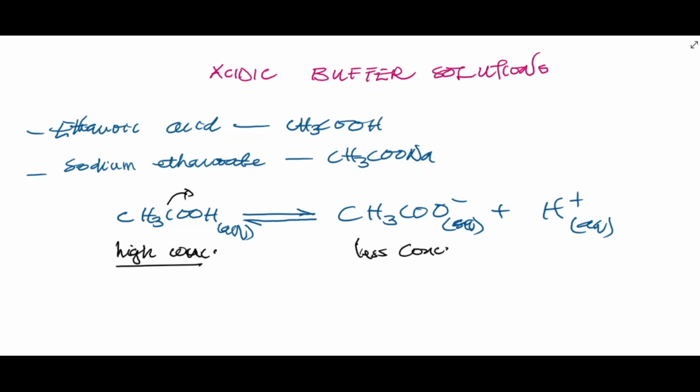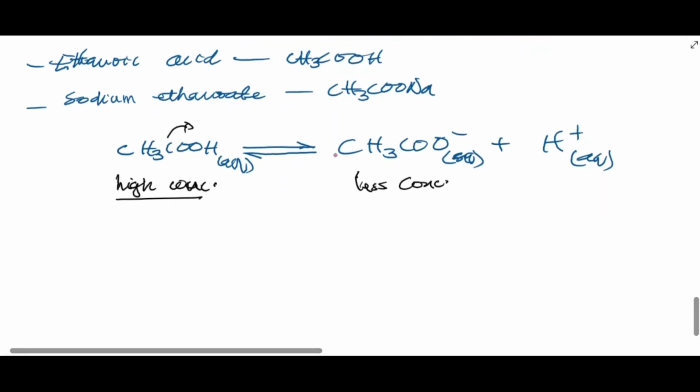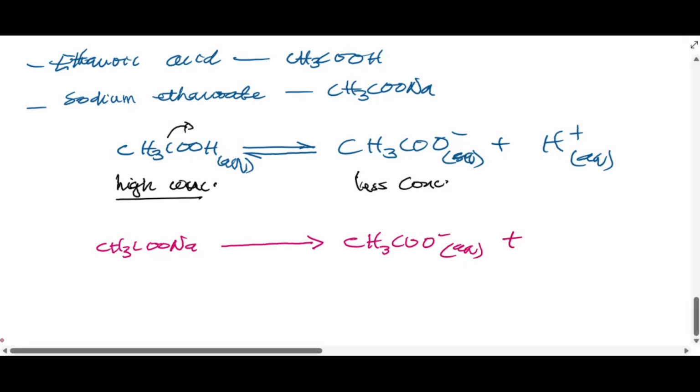So let's look at the equation for the dissociation of sodium ethanoate first. Sodium ethanoate is CH3COONa. Sodium ethanoate will dissociate completely, so it will give us ethanoate ions, CH3COO minus, just like ethanoic acid, and then it will give us sodium ion instead of a hydrogen ion.